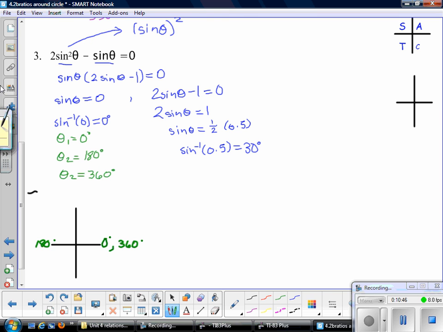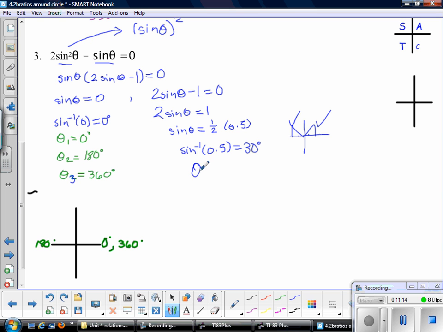Well, sine is positive in the first quadrant and in the second quadrant. So we know it's positive here and here. So we have a triangle, and then we also have its mirror image over here, and both of them are 30.